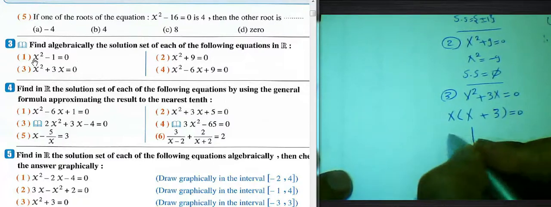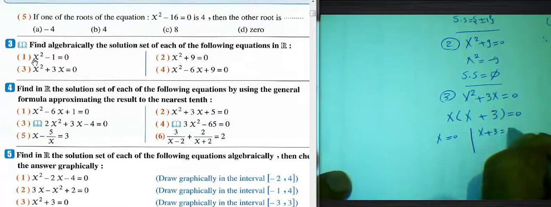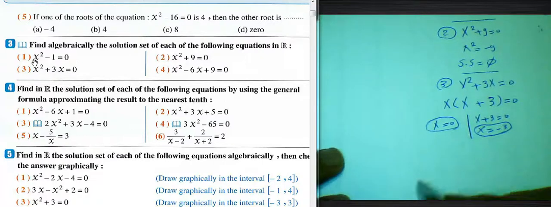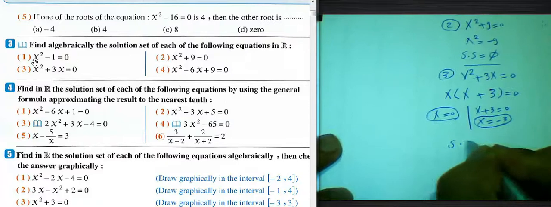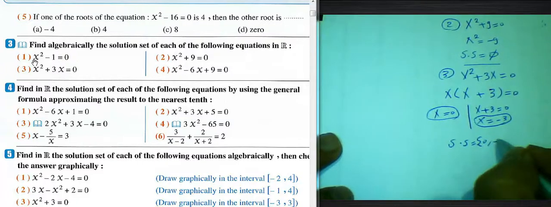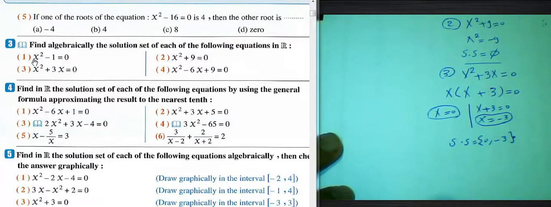So we have x equals 0 or x plus 3 equals 0. So x will be negative 3 or x equals 0. So the solution set equals 0 and negative 3. It's okay.